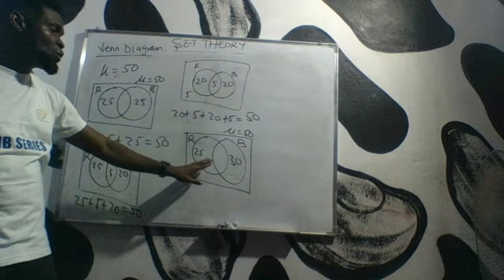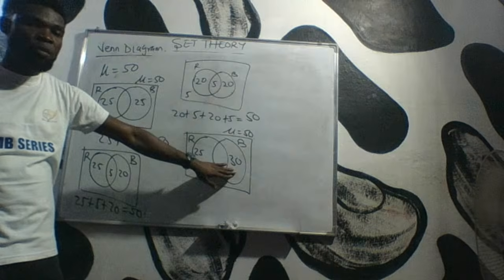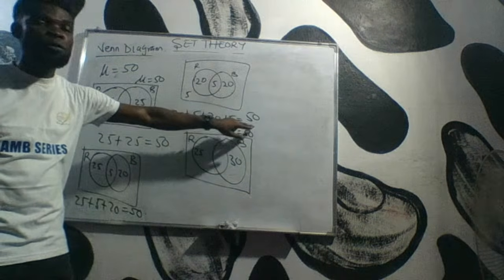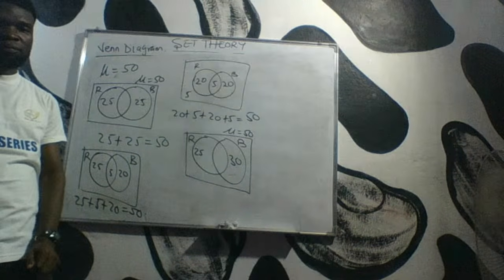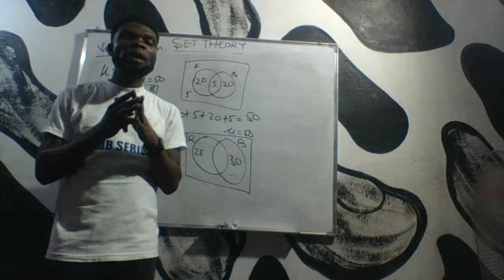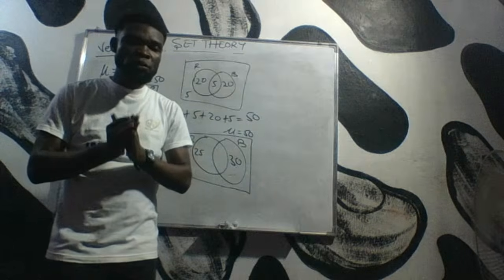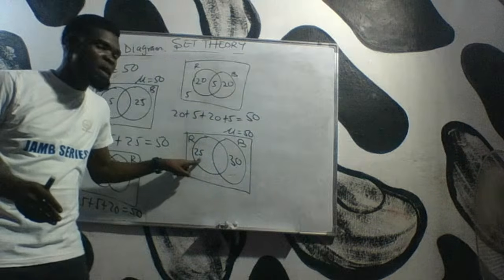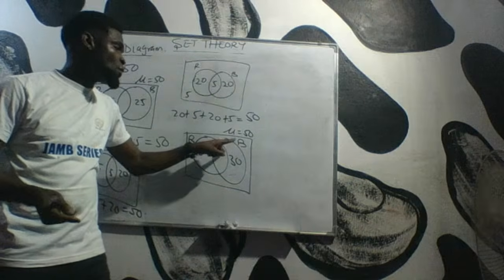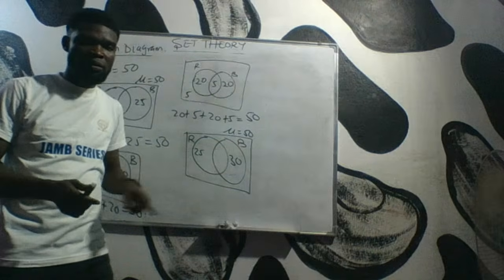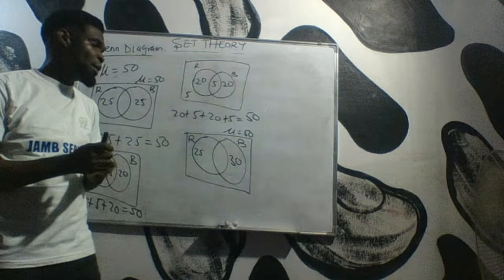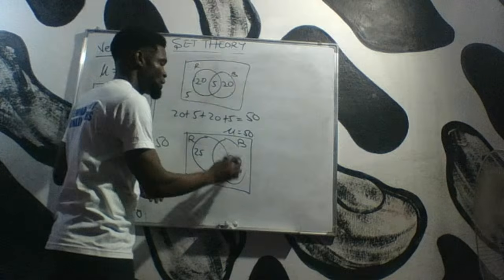That is why this number is increased up to 55 instead of the 50 students I have in the class. So the question is, how do I get to know the number of students who ate rice only? And how do I get to know the number of students who ate beans only? So that I will get my balanced number of students in the class.